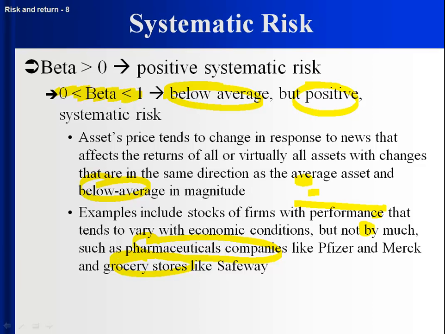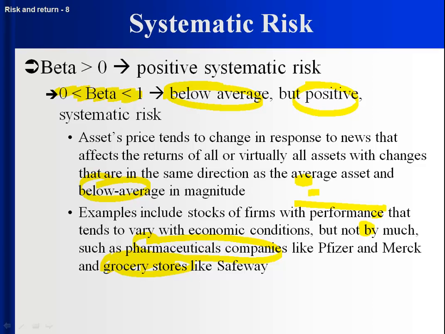But when the economy weakens, well, you're going to lose some of that. There are a lot of folks taking medicines who are going to take them no matter what the economic conditions. So as the economy ebbs and flows, drug sales will ebb and flow too, but by less than the overall economy. Same thing with grocery stores. Everybody's got to eat.